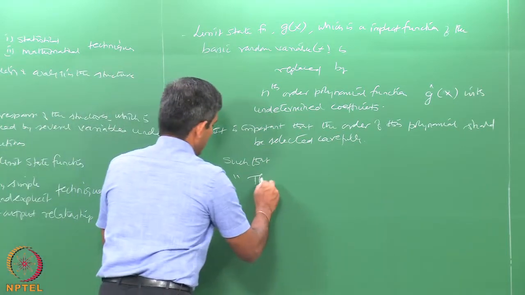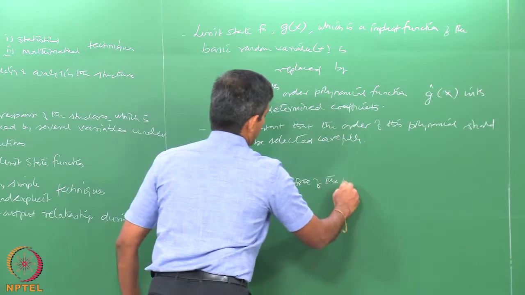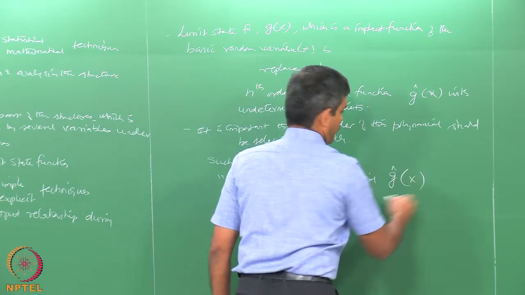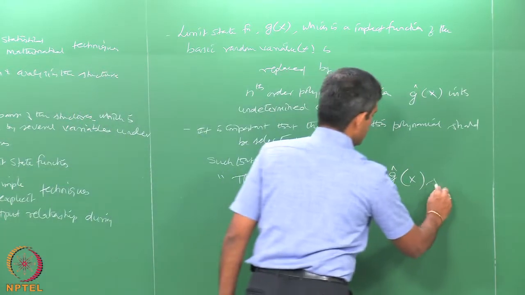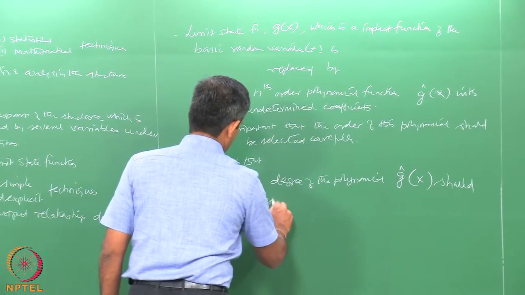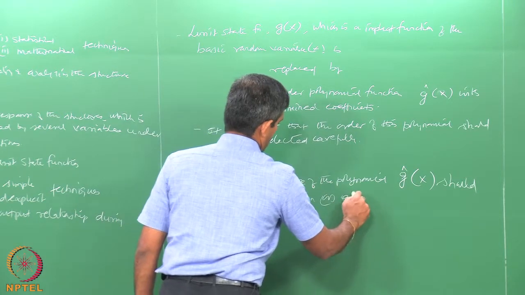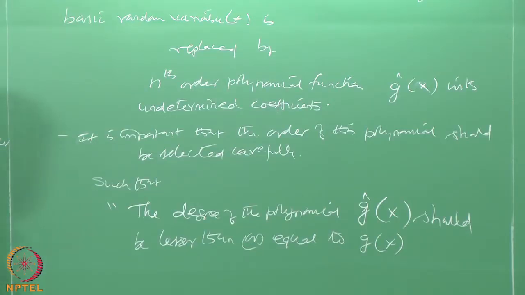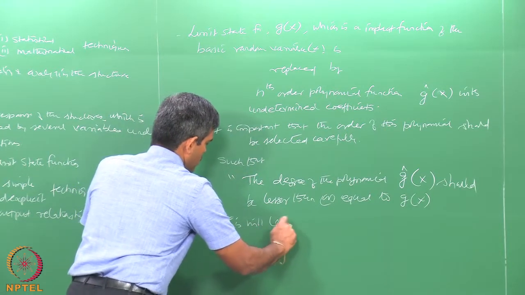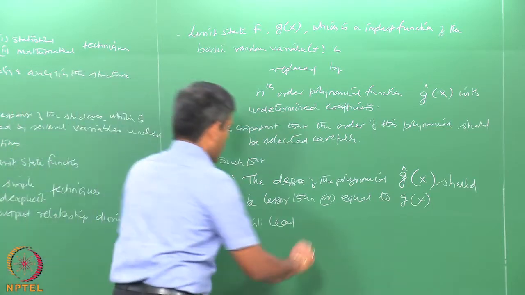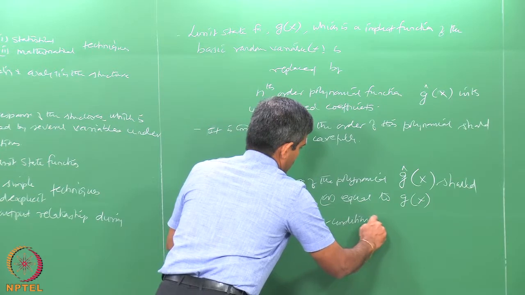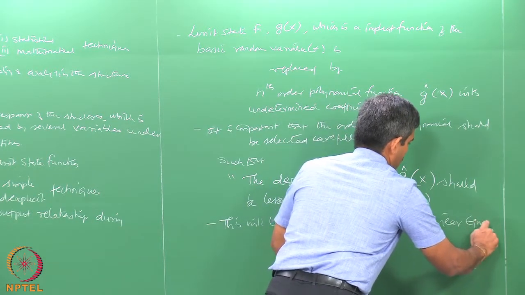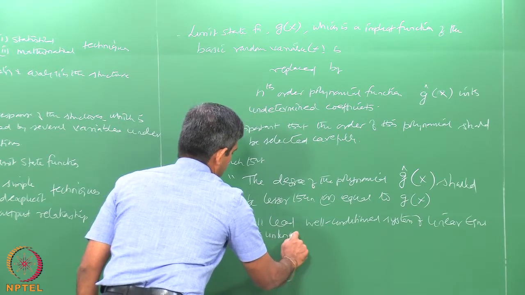The degree of the polynomial function g hat of x should be lesser than or equal to that of g of x, because if you do this, the advantage is this will lead to a well conditioned system of linear equations, with of course unknown coefficients.